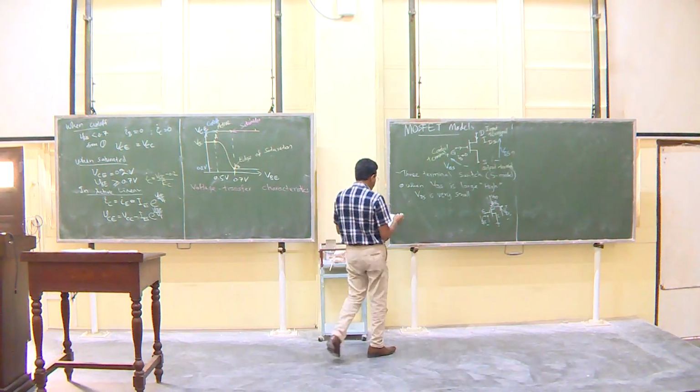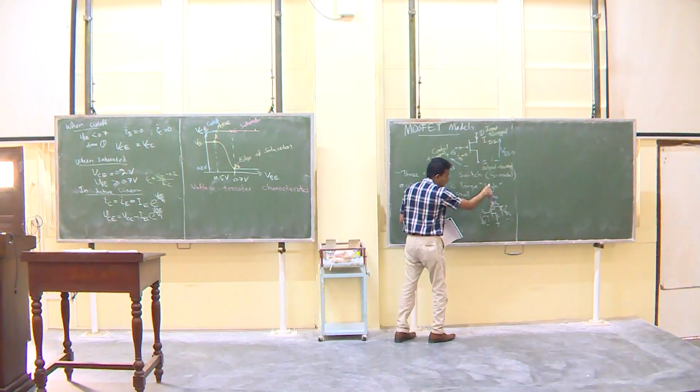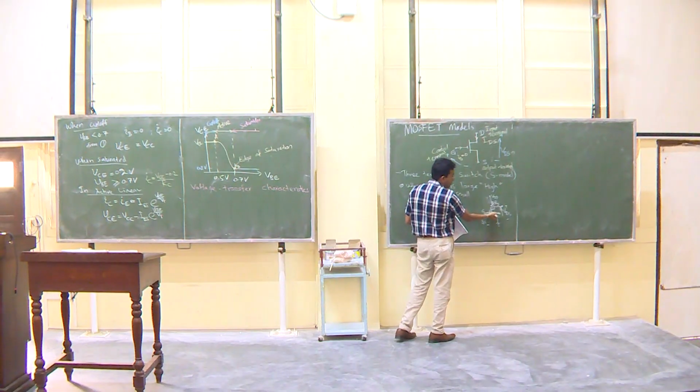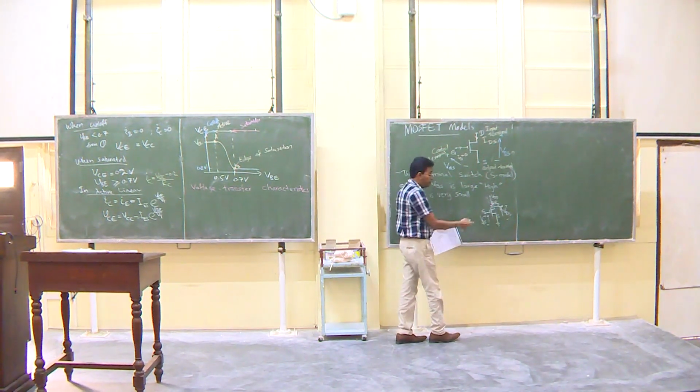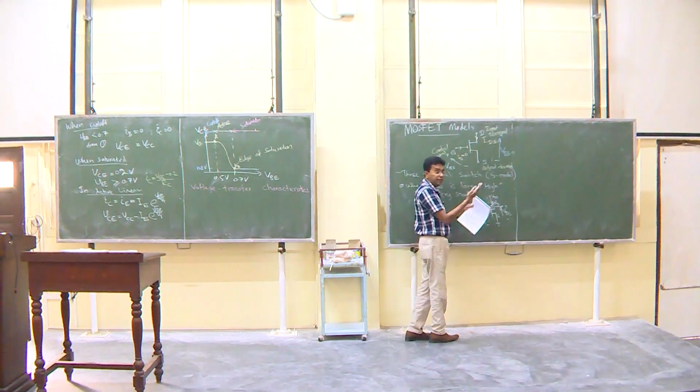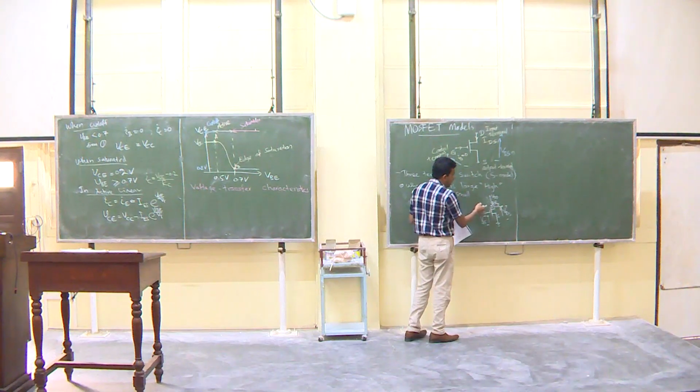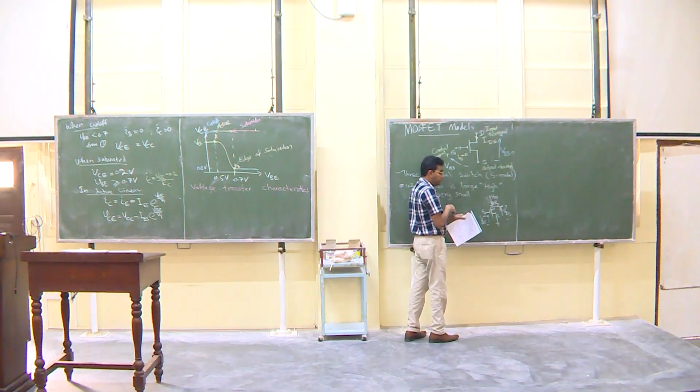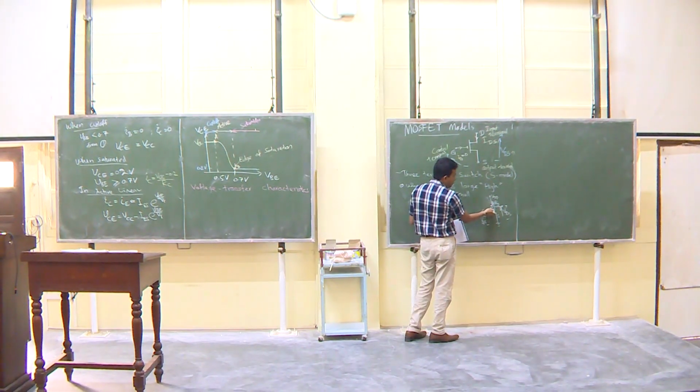So, when there is a large current, there is no voltage drop across this in this simplest model. So, therefore, all the voltage will drop across RD, output will be 0 when this is on, that is when VGS is greater than a certain value, when VGS is large, high. If VGS is very small or less than a certain threshold, there will be no current through this.